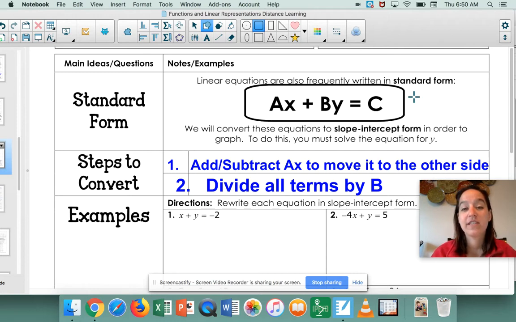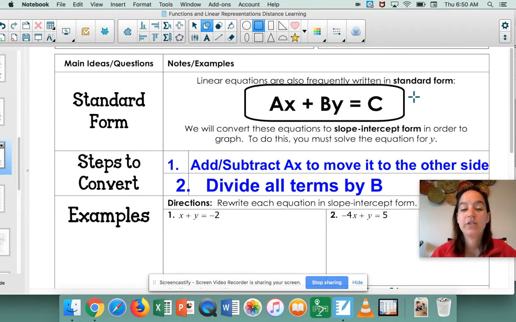So the C, the reason why we're not seeing an mx and we're not seeing a b is because you'll see as we manipulate this standard form, those aren't actually the mx and the b.